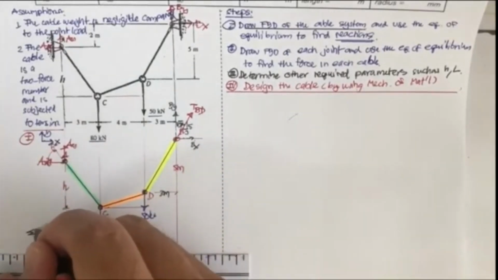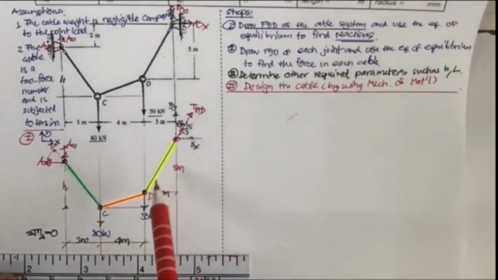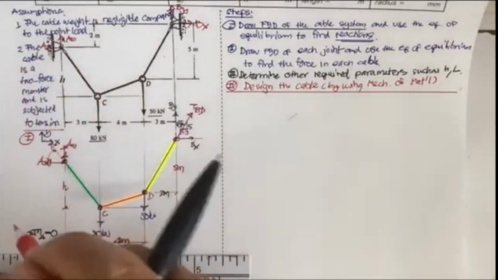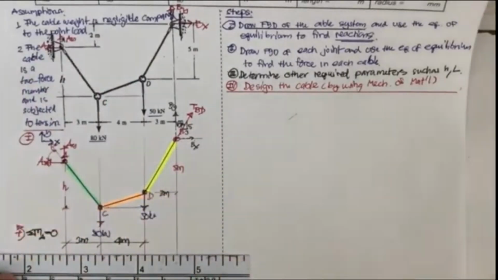So the summation of the moment about A equals 0. If you take the moment about A, T sub BD tries to rotate counterclockwise, so we take counterclockwise rotation as positive.